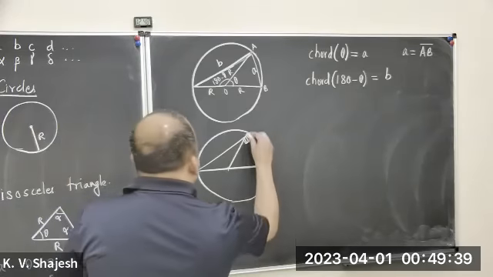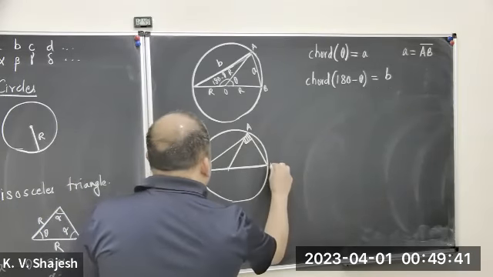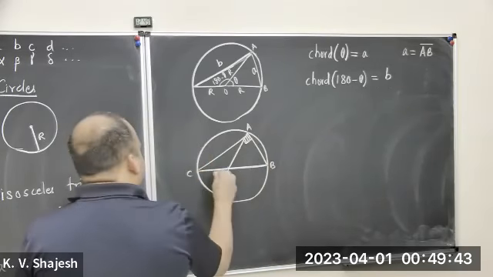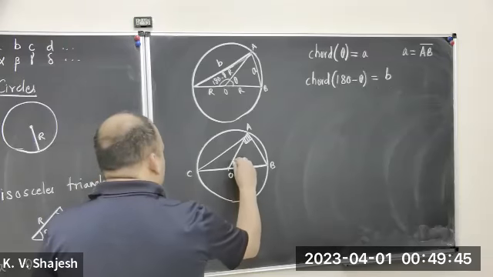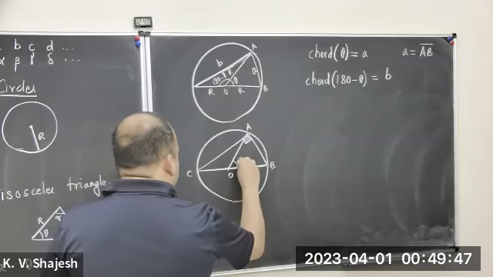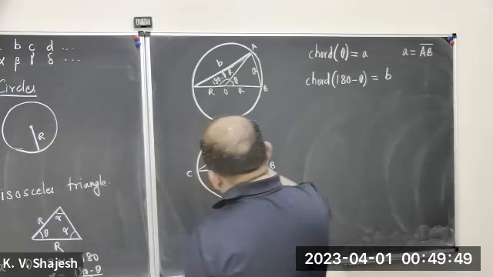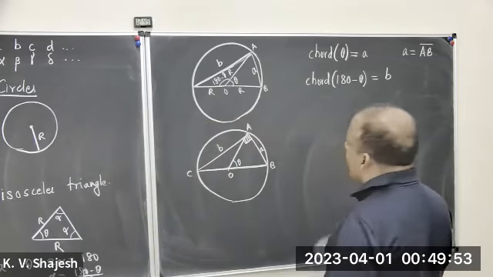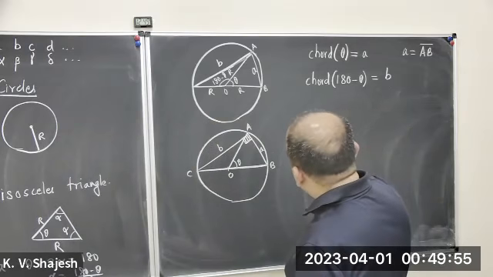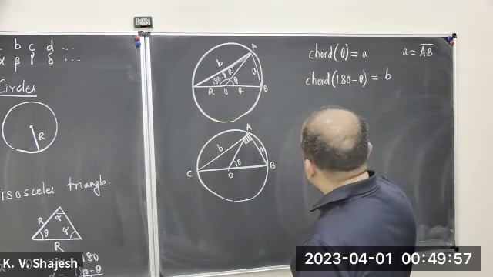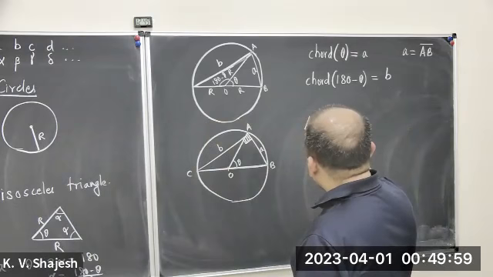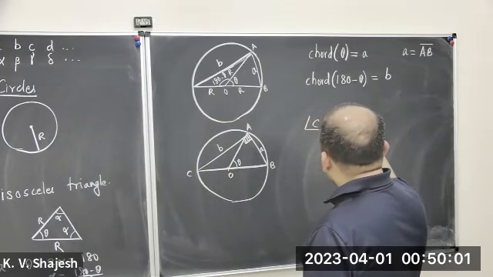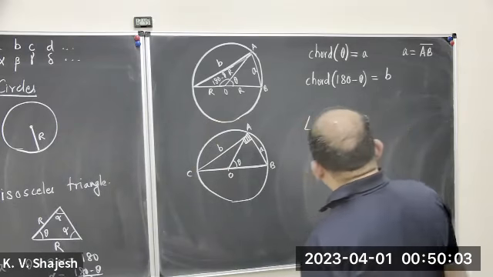So again, the question is A, B, let's say C, and that's O, and that's angle theta. This is B, that's A, but whatever. The claim is that the angle CAB is equal to 90 degrees. Why?